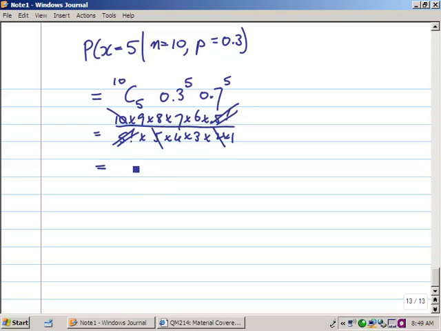Alright, so that gives us 3024 on the top divided by 12, and that probably goes in nicely. And we're still left with 0.3 to the 5th times 0.7 to the 5th. And I'll pull out my calculator and work that out.